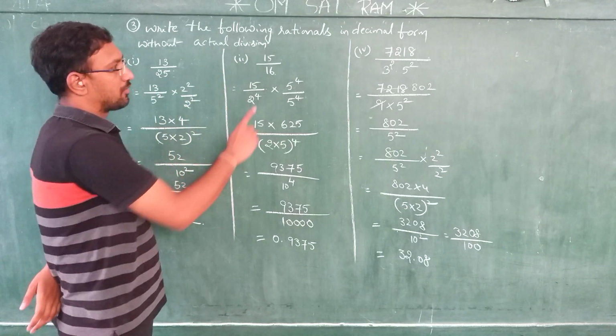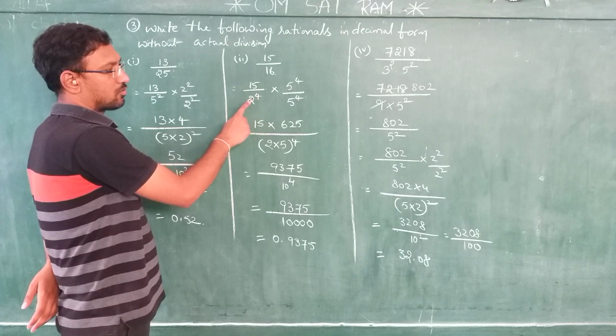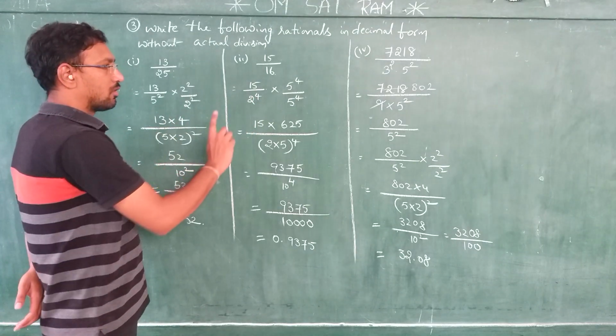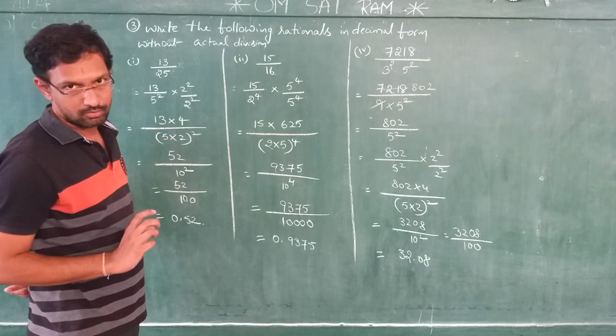Next problem, 15 by 16. 16 can be written as 2 power 4. So we multiply numerator and denominator with 5 to the power 4.